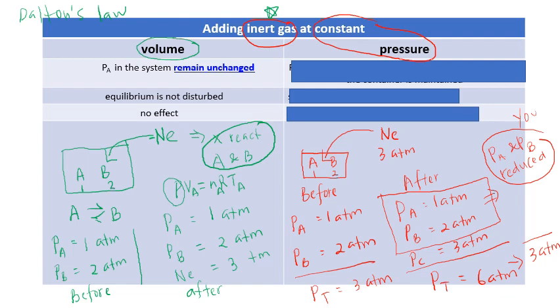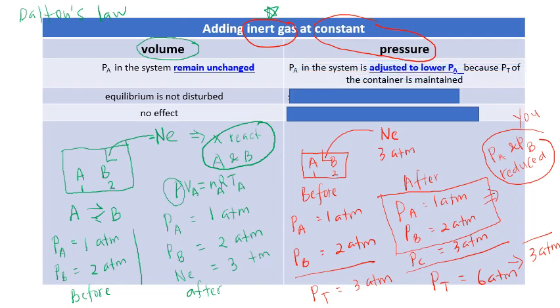Okay, so partial pressure A will adjust to lower the pressure because the total pressure need to be maintained. So system is going to increase the pressure.